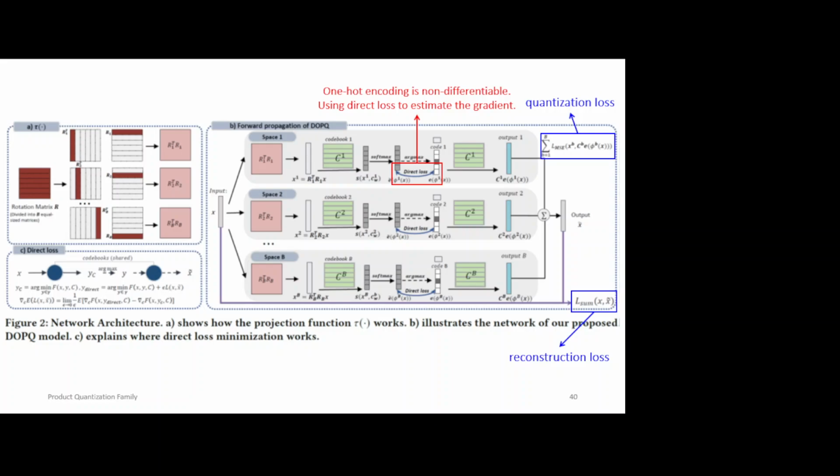Actually they use the reinforcement method to do the derivation to find what the gradient should be that is passed to the next layer. I will just give this step, and they show from the experiments that this direct loss is really more effective than the straight-through method. Okay, any problem for the second paper?